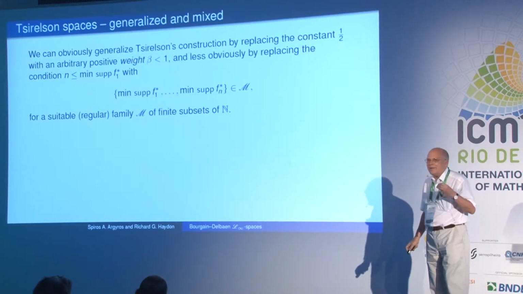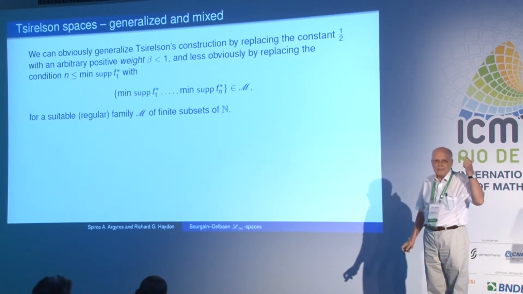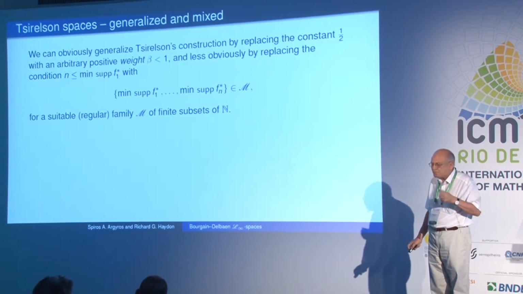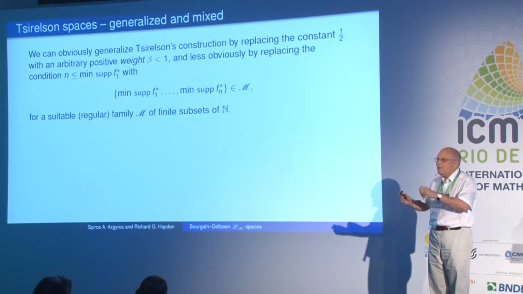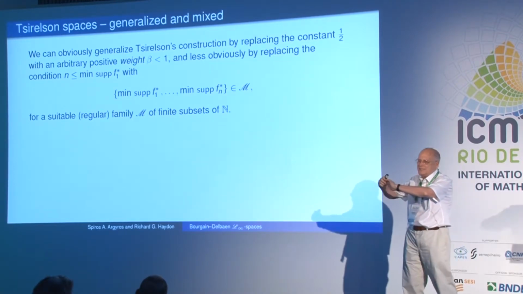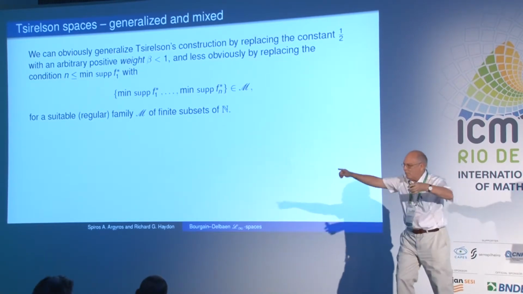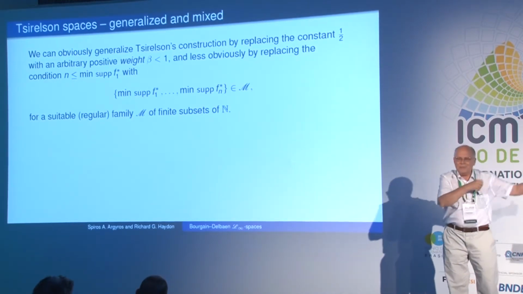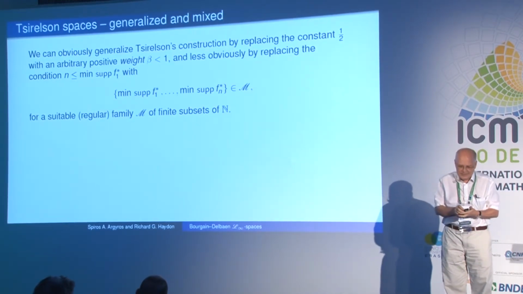The definition of a regular family of finite sets: it has to be compact in the pointwise topology of 2 to the N. And then you also want it to be what they call spreading. That means that if you've got one set in the family, and you push all the elements off to the right, that's still in the family.